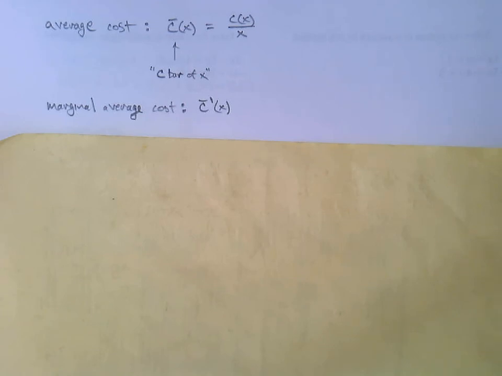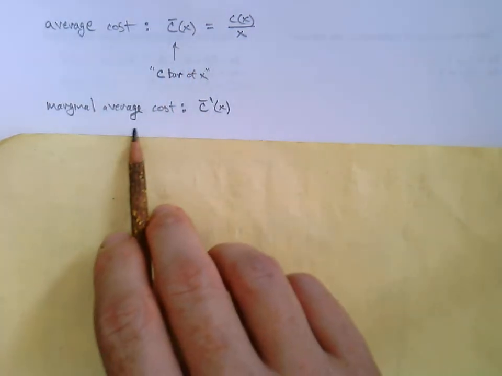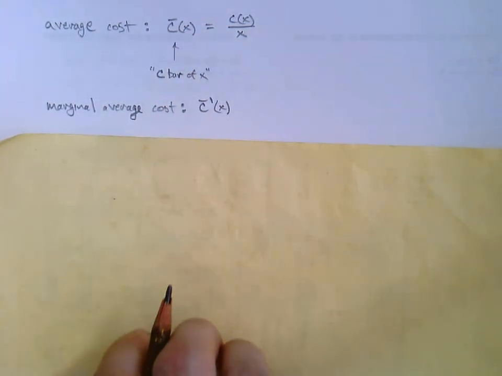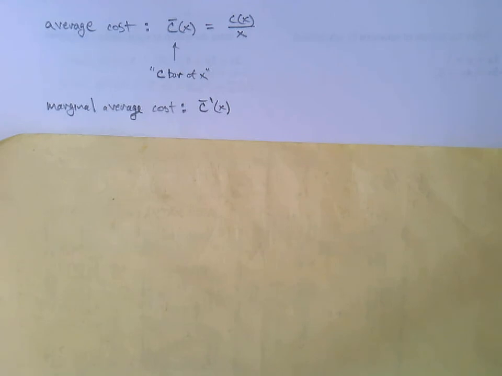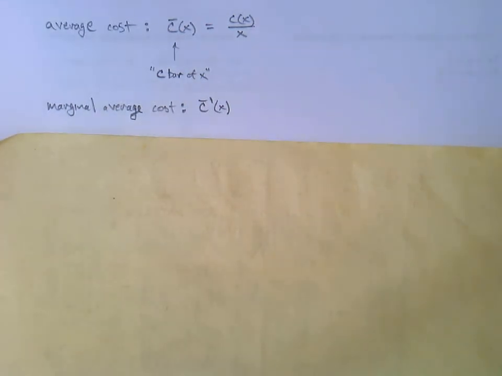And then we define the marginal average cost. So we'll take the derivative of your average cost, and that's the marginal average cost. By the way, the word marginal, if you're thinking like margin, it's getting the gap. It's a way to get the value of the gap between one value and the next, which is what we saw in the first part of the example, right?